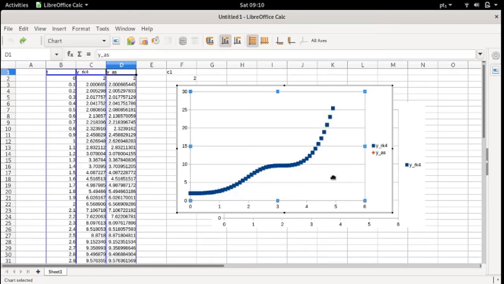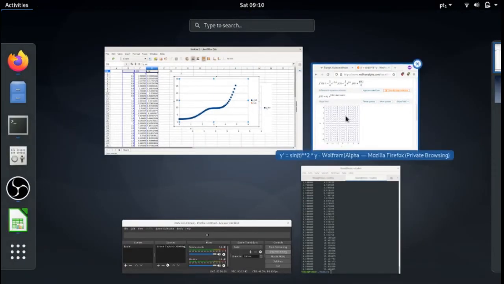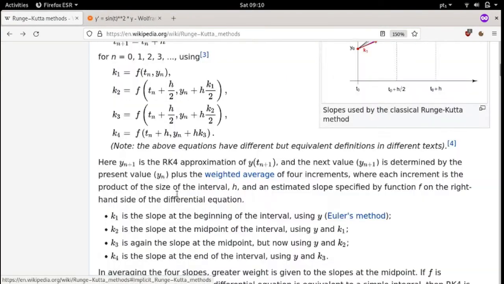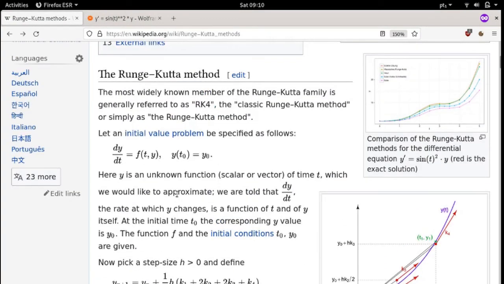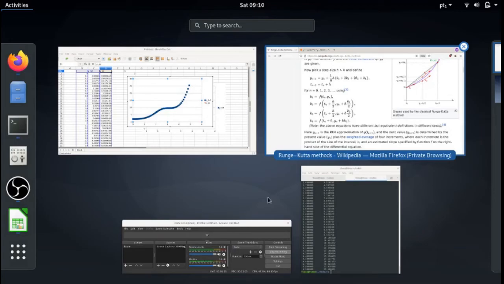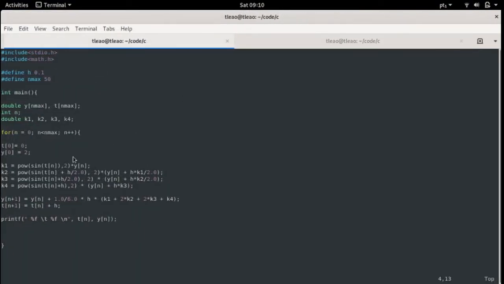Okay, so we were able to solve the Runge-Kutta example from Wikipedia, this equation here, dy/dt equals sine t squared over y, using the classic fourth-order Runge-Kutta method. If we're going to write a function for the Runge-Kutta, it is just this here.